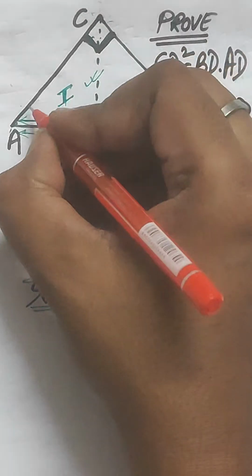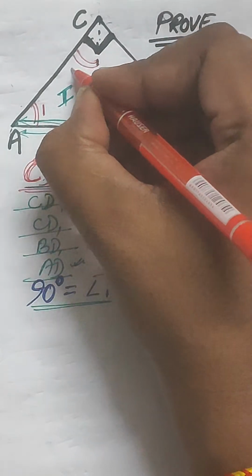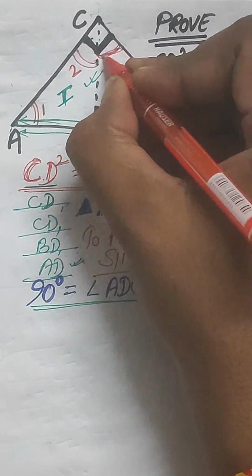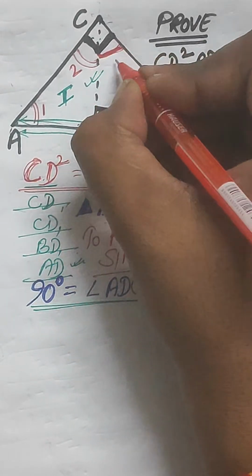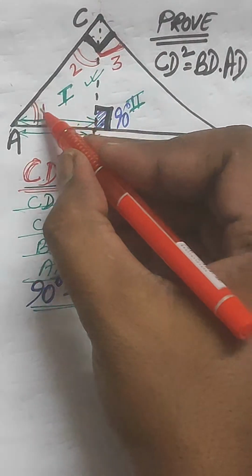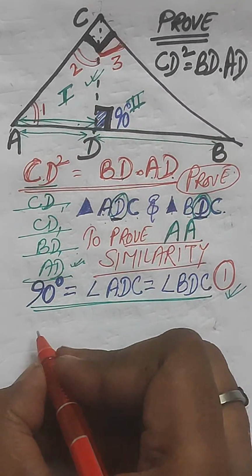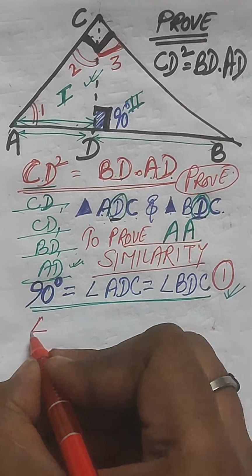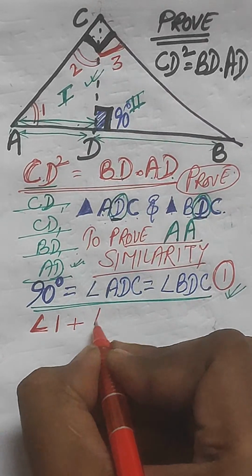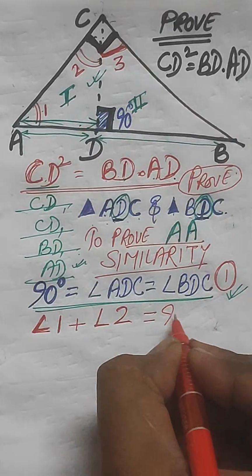Here you can do one thing. If this is angle 1 and this is angle 2, and let's say this is angle 3, then we can say 1 plus 2 is 90 degree, isn't it? Angle 1 plus angle 2 is equal to 90 degree.